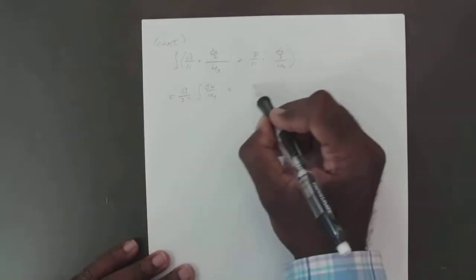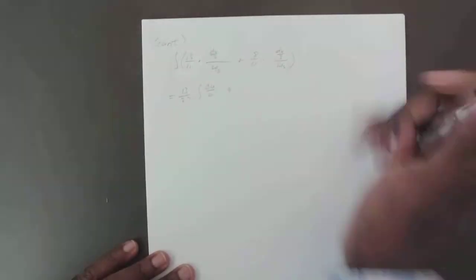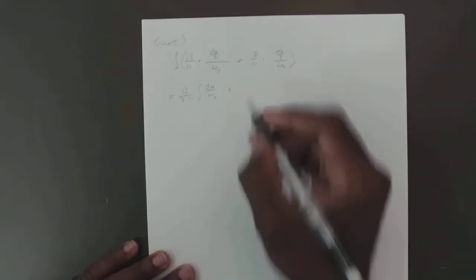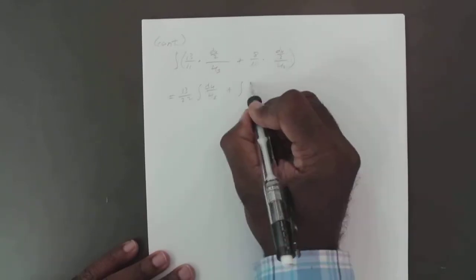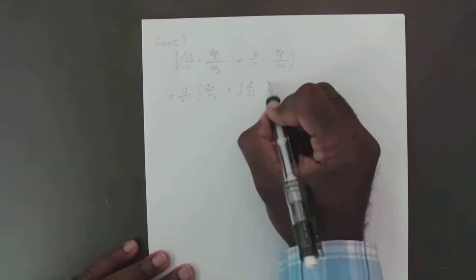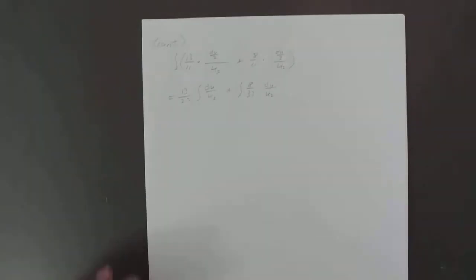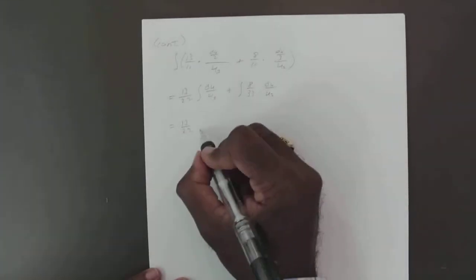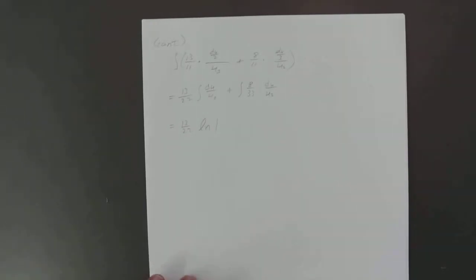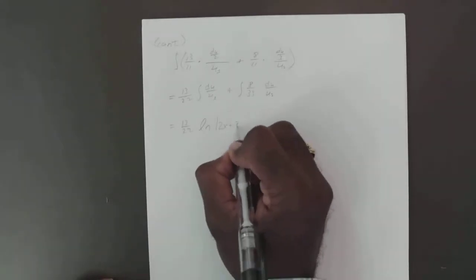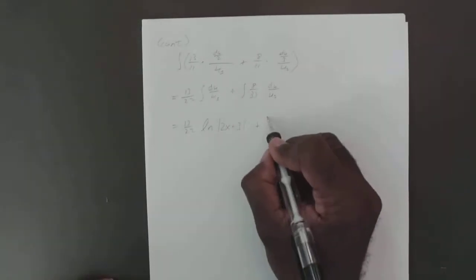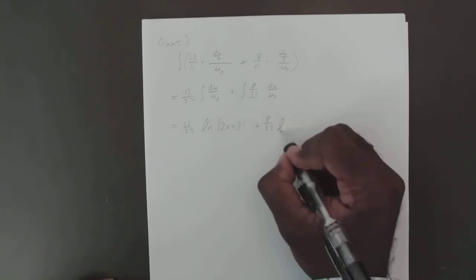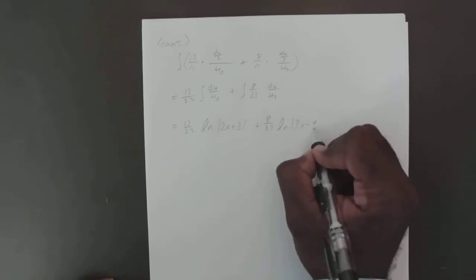Okay, so bring down our 1/3. So that's 8 over 33 du over u, which just gives us 13 over 22 times the natural log of u1, which was 2x plus 3, plus 8 over 33 times the natural log of 3x minus 1 plus c.